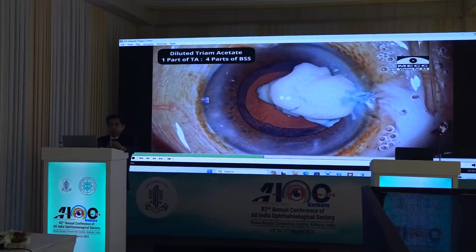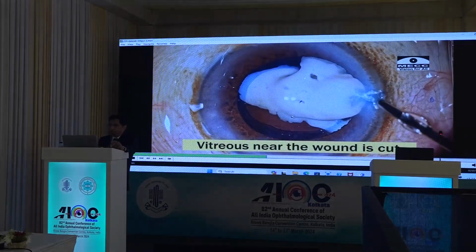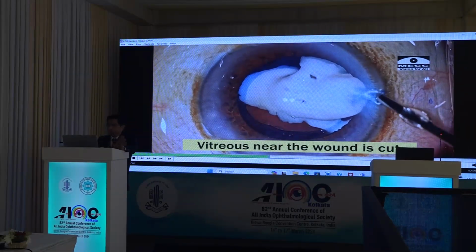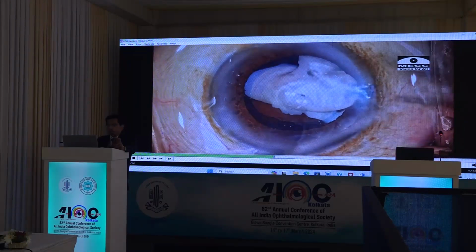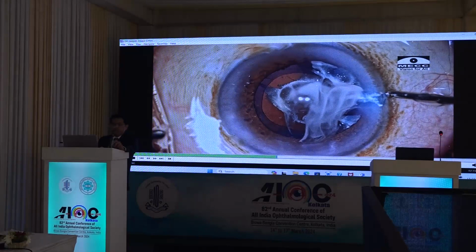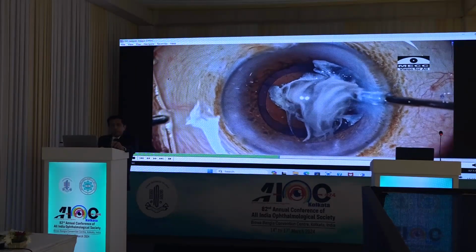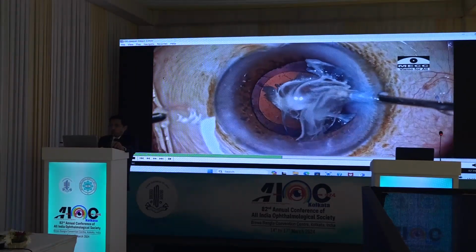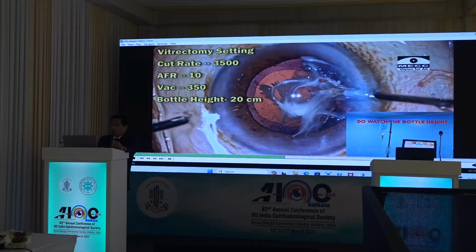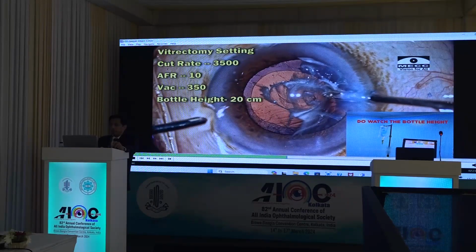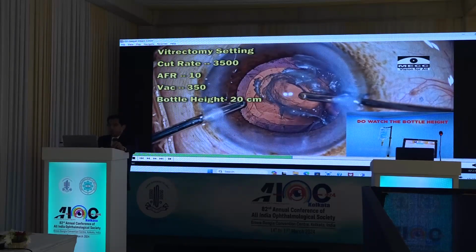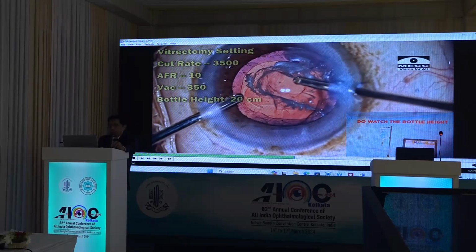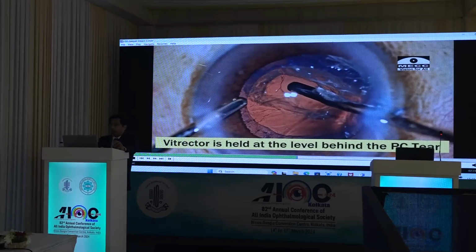First, obviously, you're going to stain it. And first I begin by just cutting the vitreous at the wound itself. And remember, at this stage we are not even entering the chamber, because the chamber is now maintained with the dispersive OVD. So what I do is first I go in with the cutter. Not much cutting is happening; after a few cuts, the infusion enters, and the bottle height, remember, is as low as 20 or 25 centimeters.